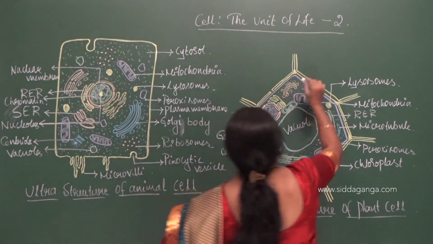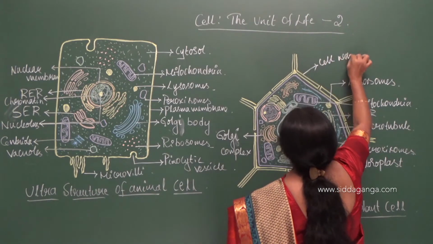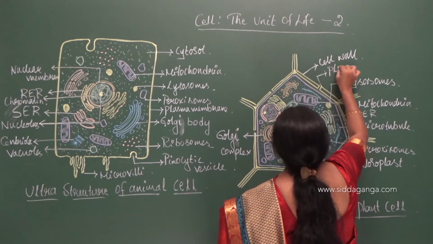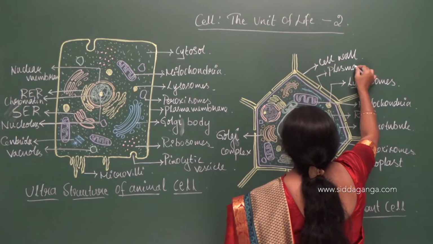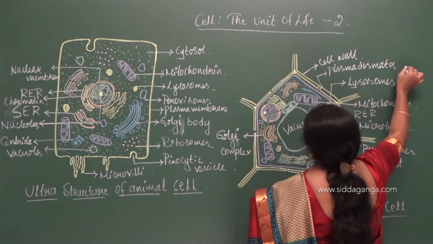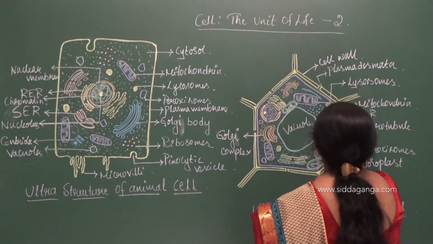Then this is the cell membrane, cell wall. This is plasmodesmata, and this is the plasma membrane.